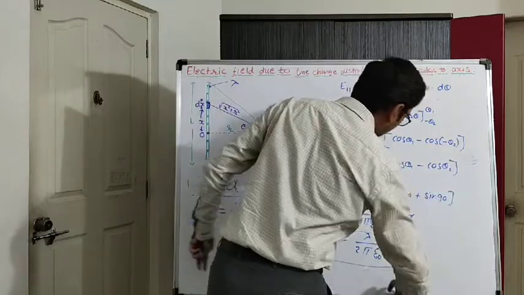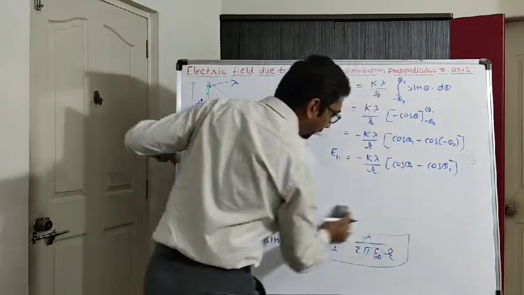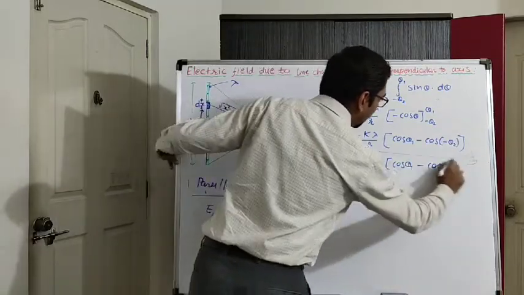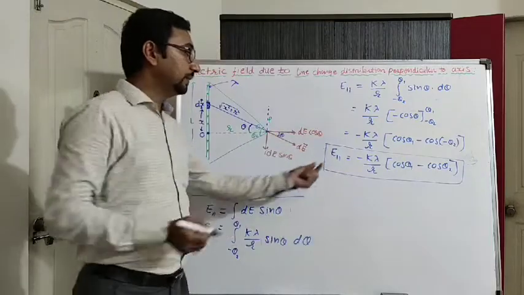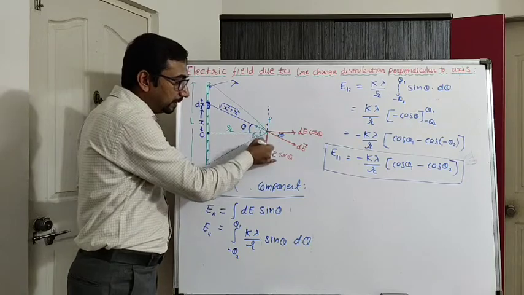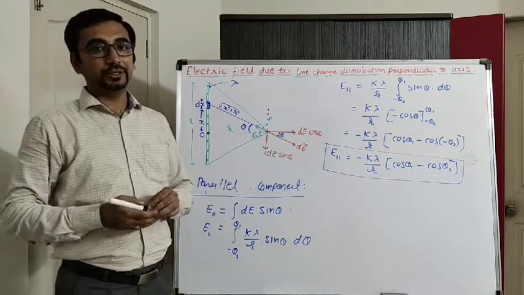So this is the formula of the parallel component of electric field. Now this negative sign indicates that the electric field produced is in the downward direction.